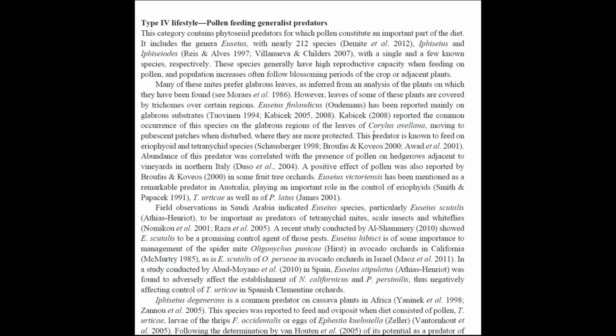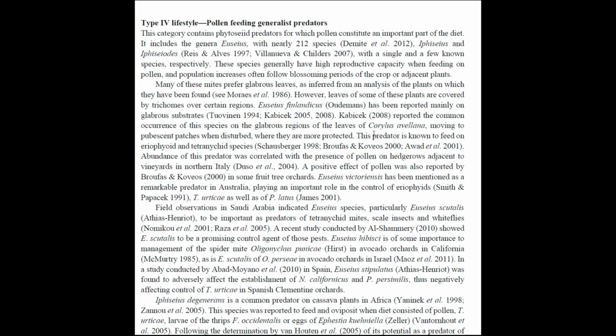It says here that these species generally have high reproductive capacity when feeding on pollen, and population increases often follow blossoming periods of the crop or adjacent plants. Floriculture, flowers that make a lot of pollen, pepper plants, other plants that make pollen, obviously things like corn, they have wind pollination.